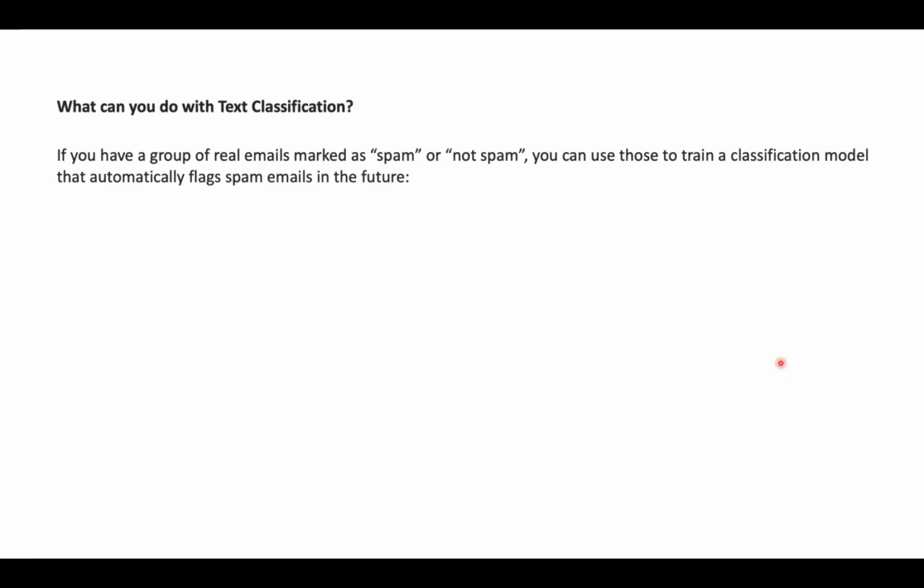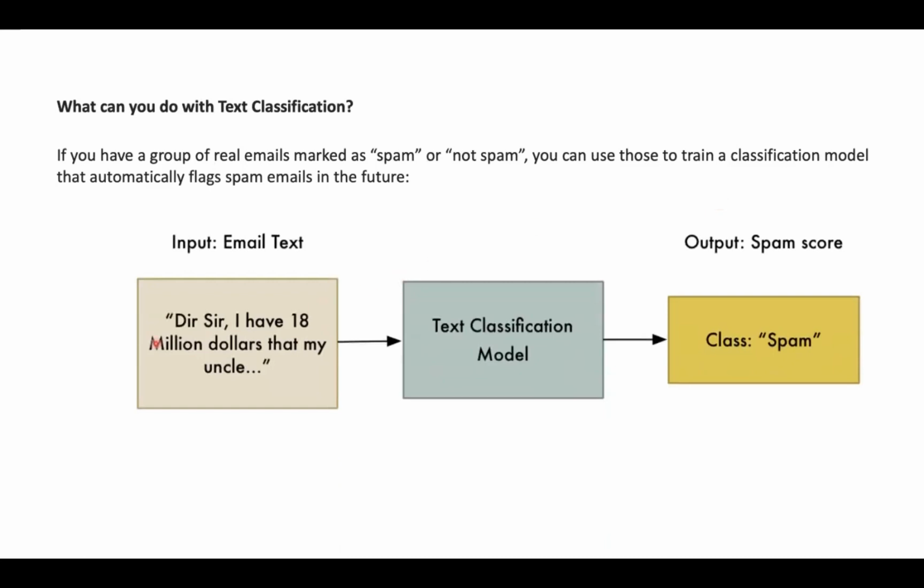If you have a group of real mails marked as spam or not spam, you can use those to train a classification model. If you take this picture, you can see the input text is email text, which is provided to the classification model, and the output is whether it is spam or not spam.